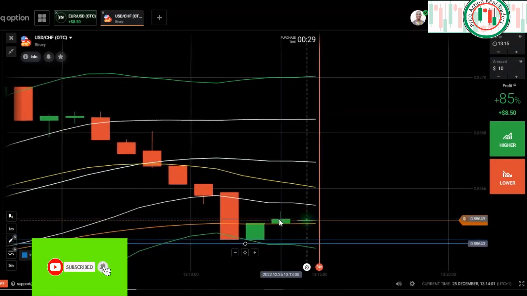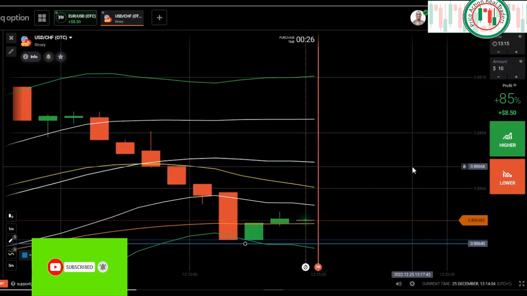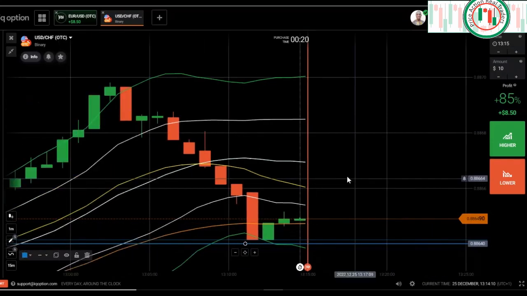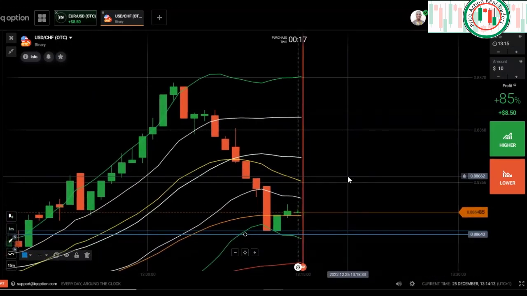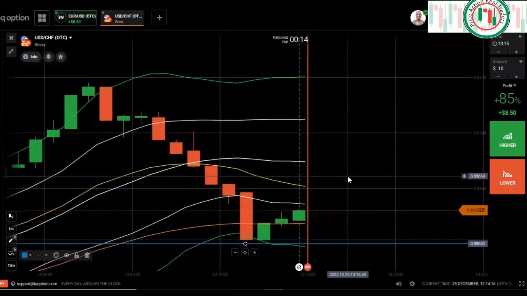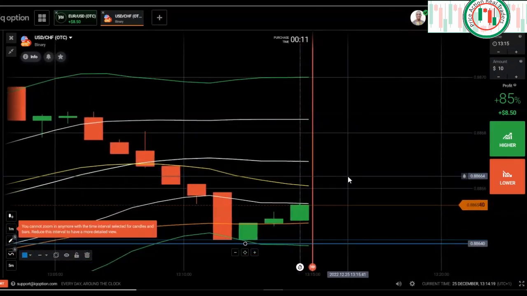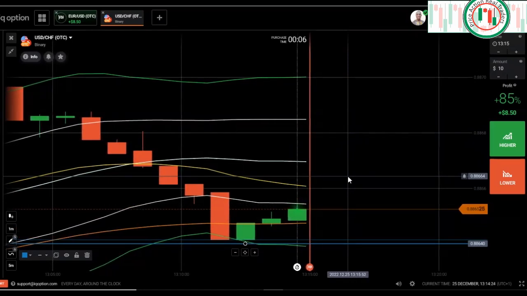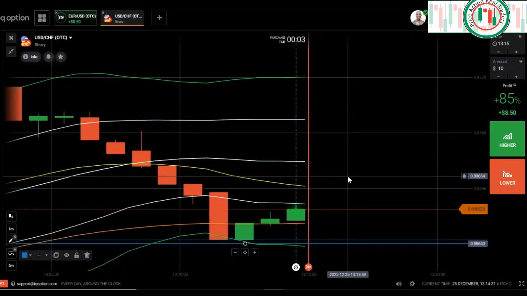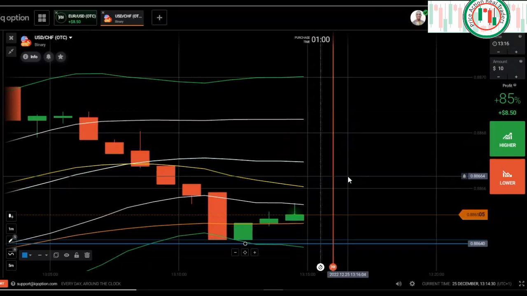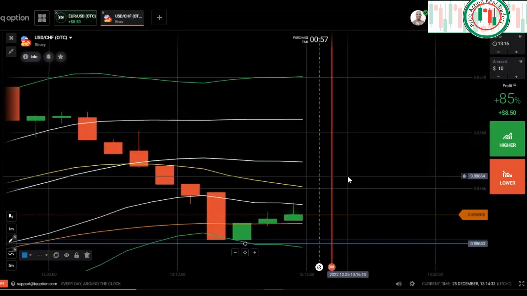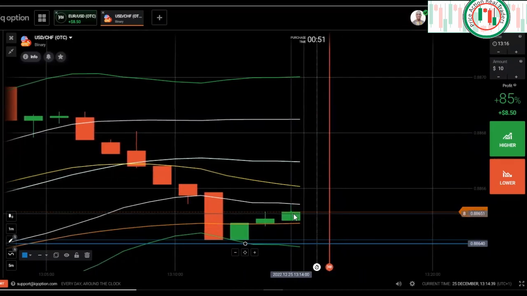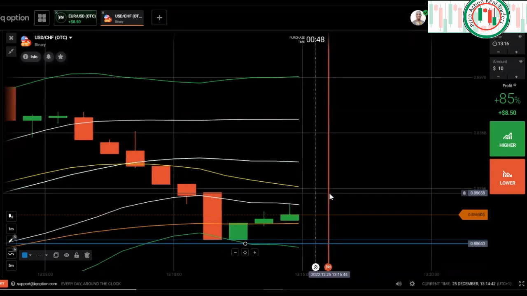So this candle is not nice. Let me wait again, because I'm not sure about this candle, so that's why I didn't place my trade.